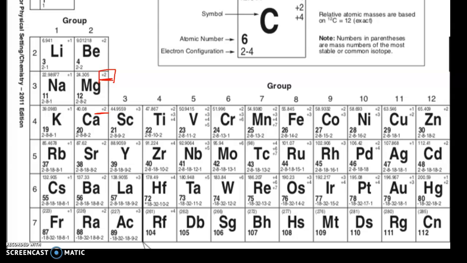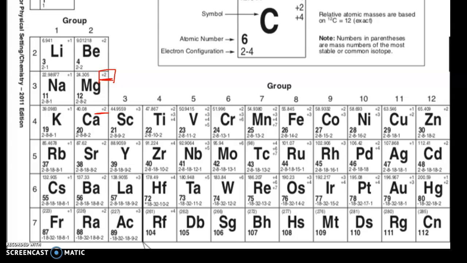We said that when we had a positive charge or a positive oxidation state, that meant that we lost electrons. When we had a negative oxidation state or a negative charge, that means we gained electrons. That concept still applies. So positive, you lose; negative, you gain.